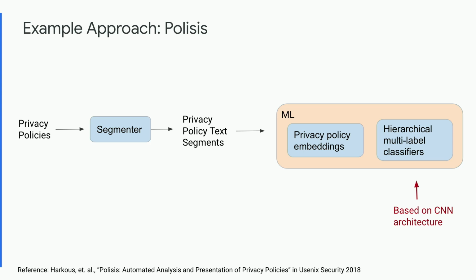I'll give you just one example of how this has been used. There was some work, again, by the folks at University of Wisconsin-Madison. You can see there are really pockets of people here who have been working on these topics over time. But this was done in collaboration with EPFL in Switzerland. And the idea simply was to take these long policies, break them into segments, and then they developed privacy policy embeddings.